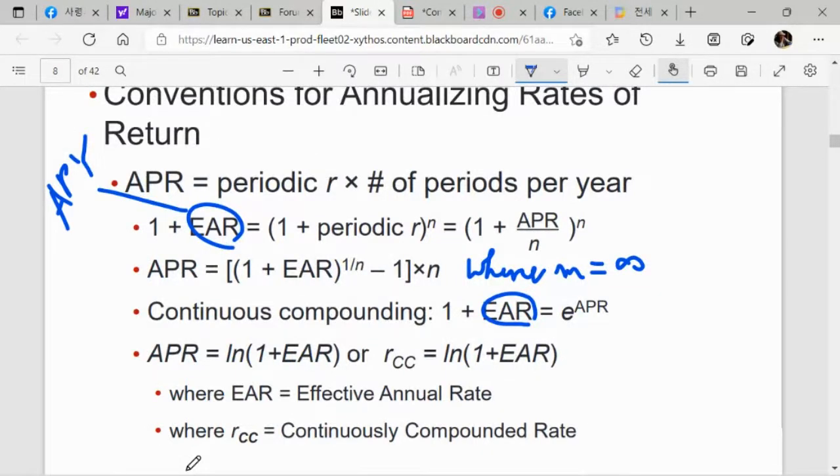Of course, in the case of stock, there is no stated return. No stock can tell you the return will be this, because the stock's return will depend on actual return. But if this is a bond or a bank interest rate, there is a stated interest rate. If you put $10,000 into a CD, they will tell you the CD rate is, just to make it simple, 10%.